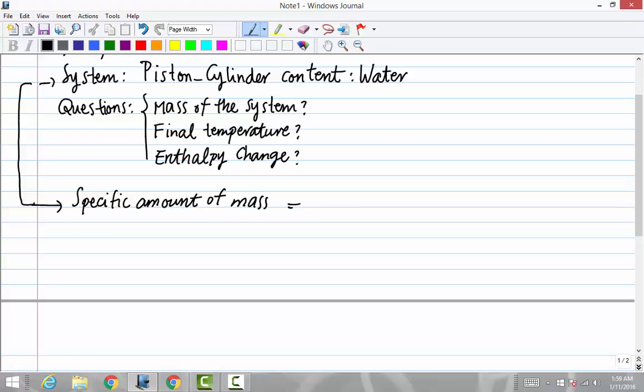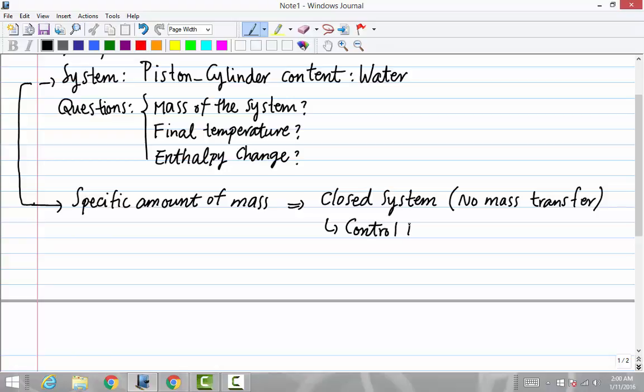Therefore, it reveals that the system is closed, because there is no mass transfer, and it is a control mass. And also in a control mass we know that all the boundaries are real.